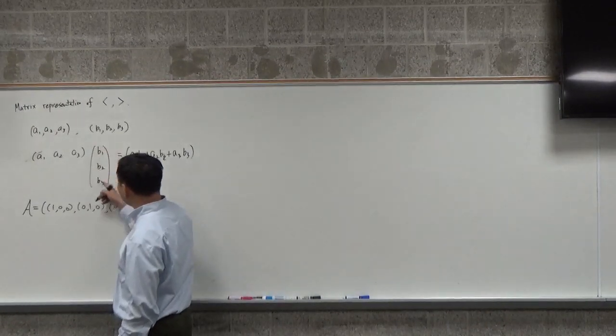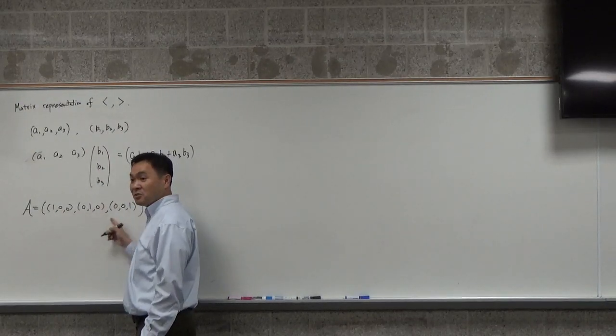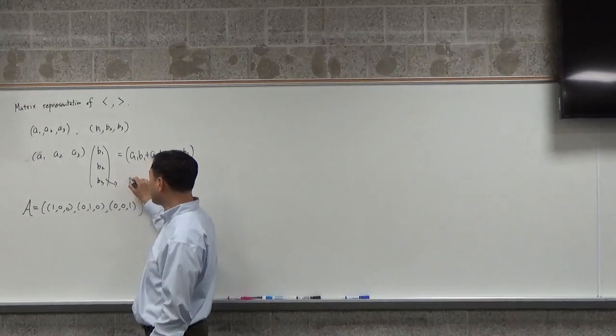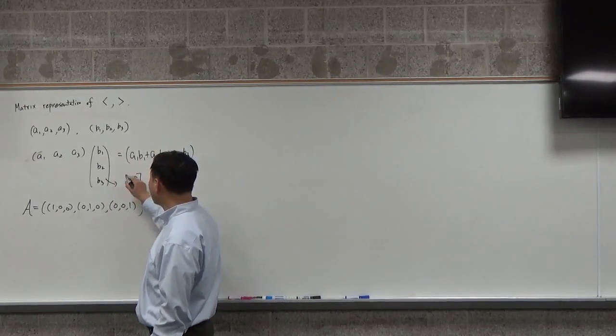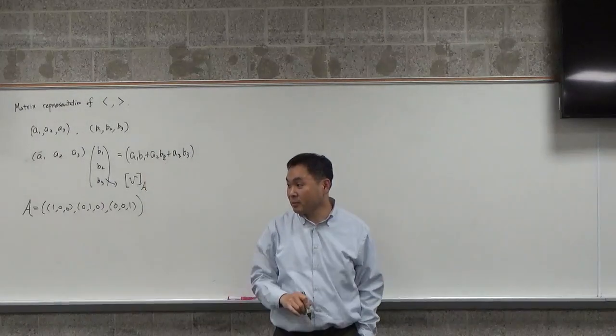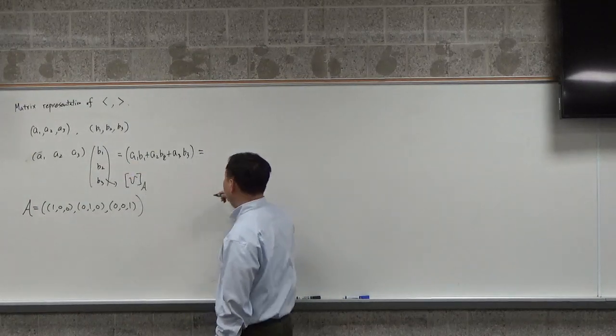What is this one? This is vector V written under the basis A. That's the symbol that we were using, right? So this one, we were calling vector V represented using basis A. So we can rewrite what we just had as the following.